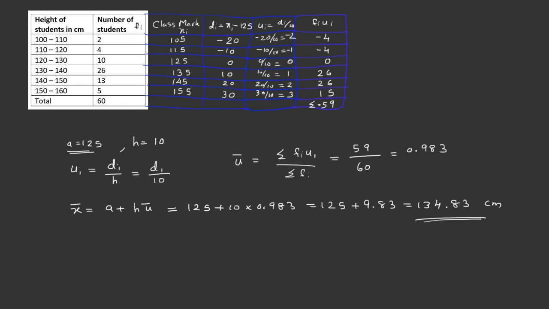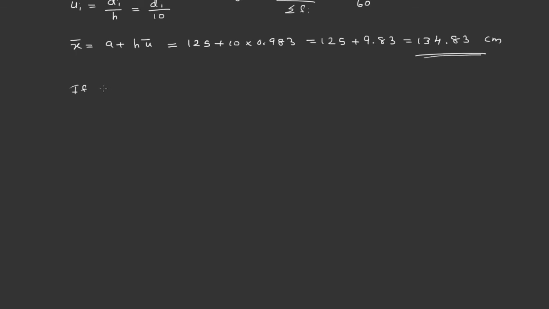So, which method to be used? That depends upon the numerical values of xi and fi. If xi and fi are small, use direct method.